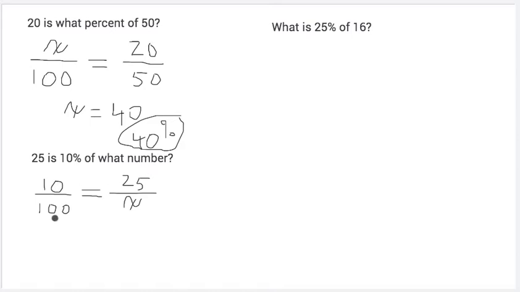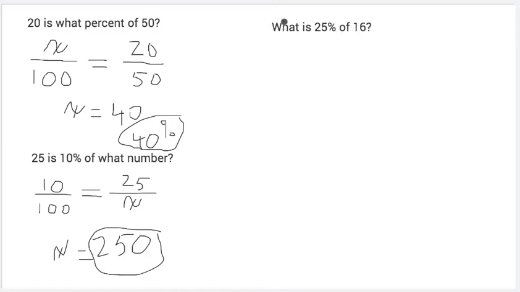So 2,500 divided by 10 is 250, and that's the answer. 25 is 10% of 250. Let's just put an x equals over here, just so we know. All right, I'll circle the 250. There's our answer.